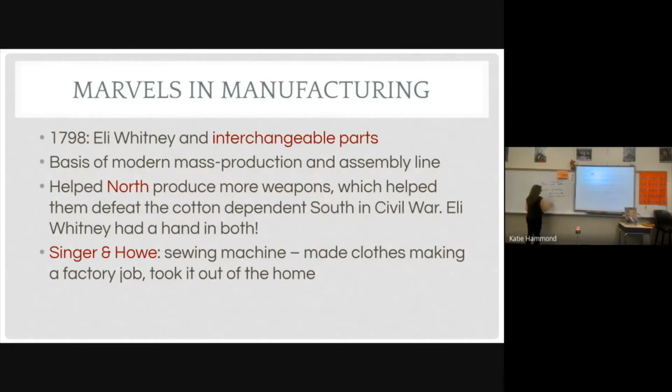Okay? And the impact is because of these two things, especially interchangeable parts, Europe and other continents and countries will view the U.S. as heavy industry, which is called that American system of manufacturing.